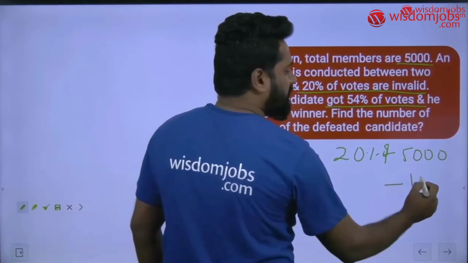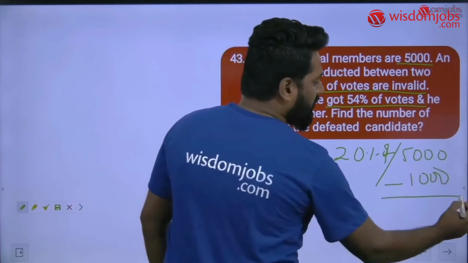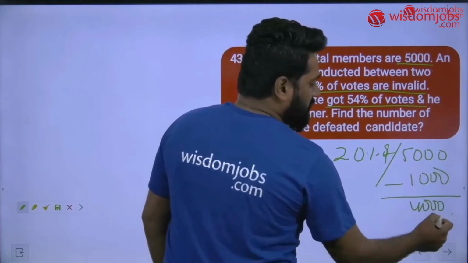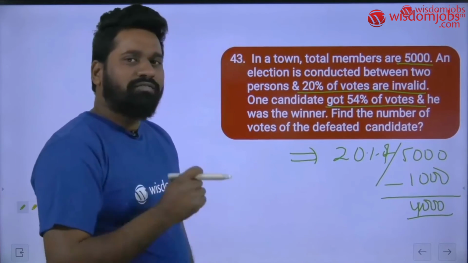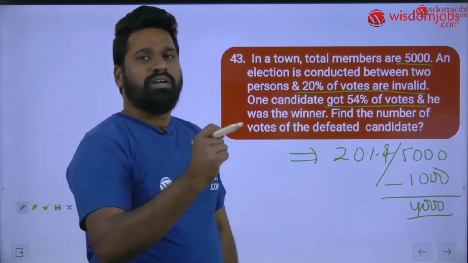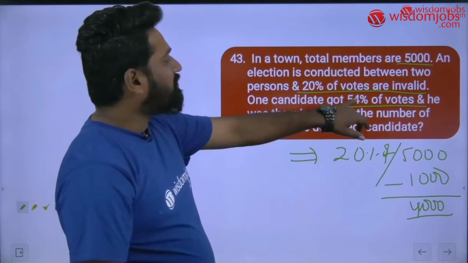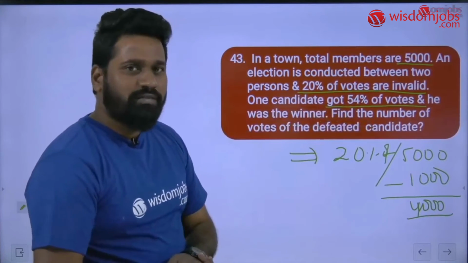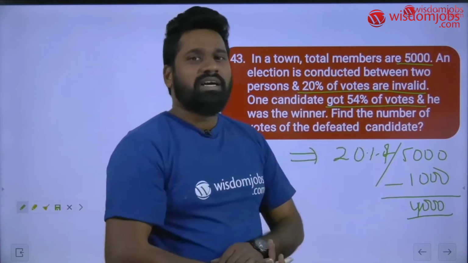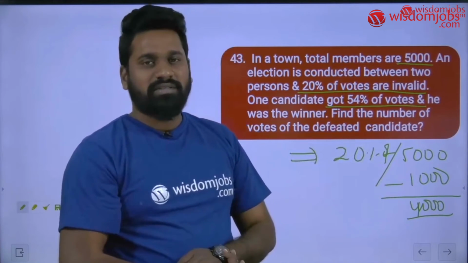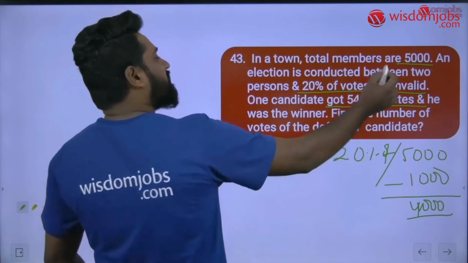So just subtract those 1,000. That is 4,000. So the total number of valid votes is only 4,000. Out of those 4,000, one person got 54% of the votes and the remaining person got the remaining percentage. Is it clear? So don't take 54% of the 5,000 votes.